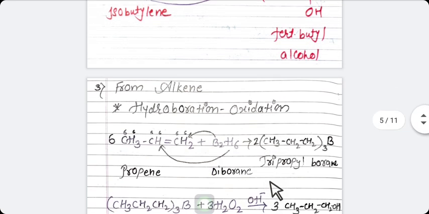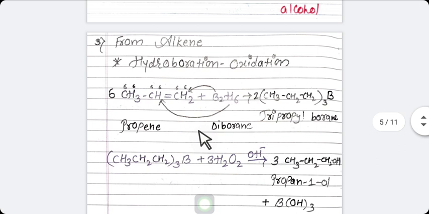Now the next method for the preparation of alcohol is from alkene, but in this method we are using hydroboration oxidation. What do you mean by hydroboration oxidation?